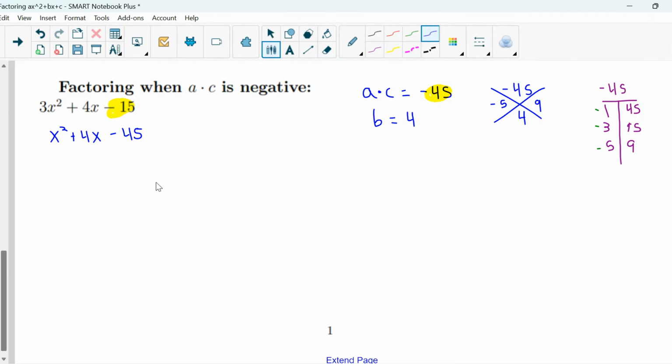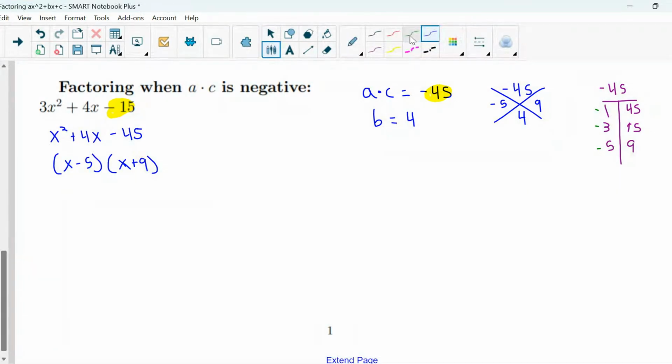Well, actually, we don't even have to rewrite our b value since now we have a coefficient of 1. So instead we're going to write our two factors as x minus 5 and x plus 9. So it saves us from the entire grouping process.